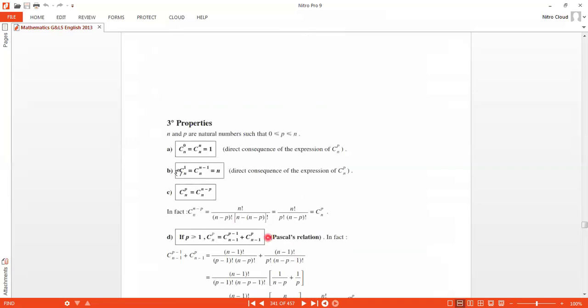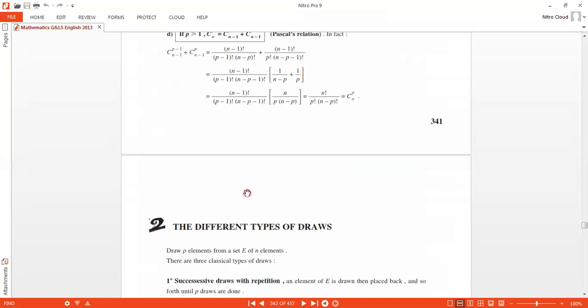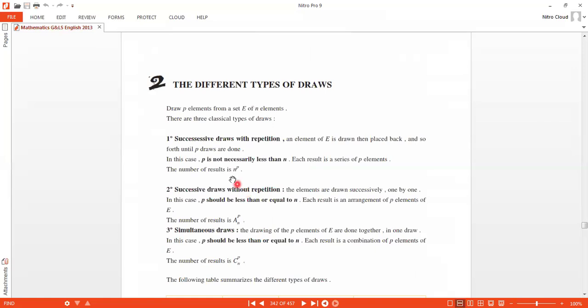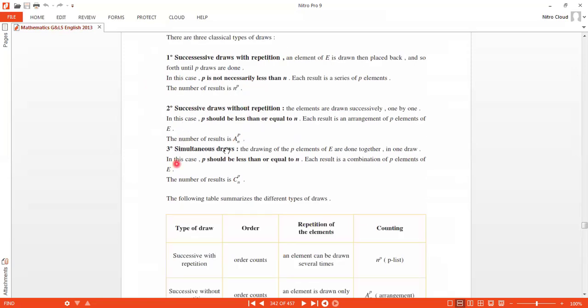Of course, these are some properties that you have to know, but starting from now on, when you see the word successively with repetition, it's n power p. Successively without repetition, it's A p n. And when you see simultaneously, you have to use combination.